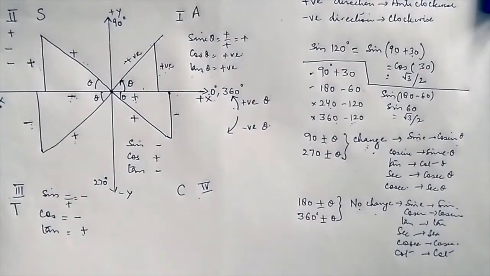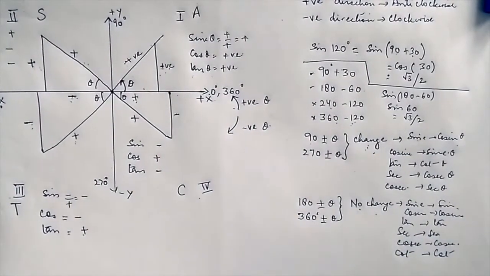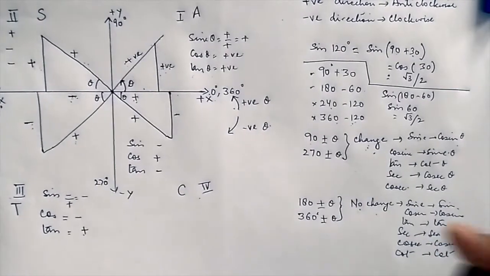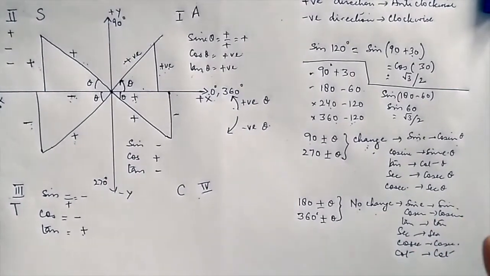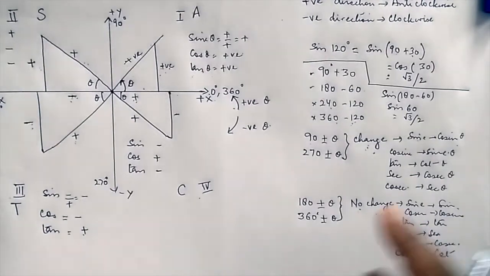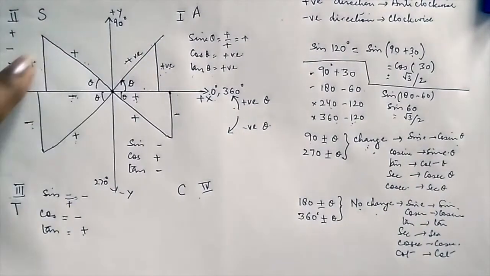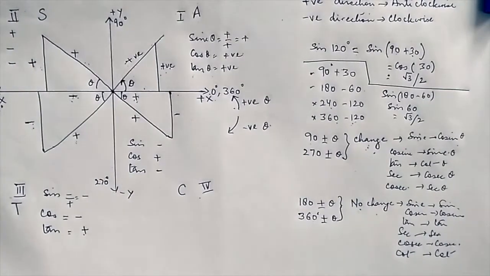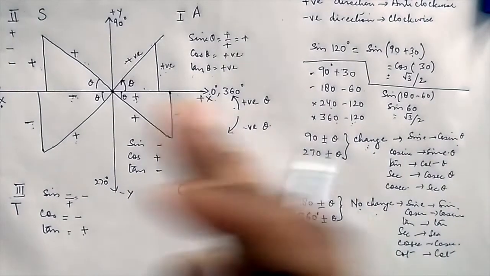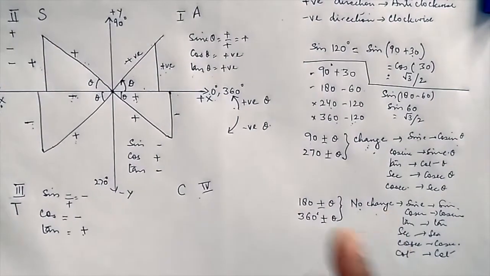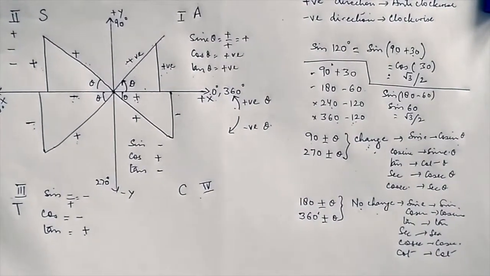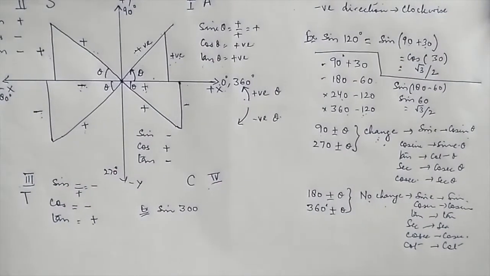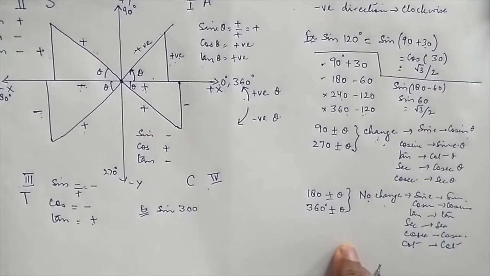Okay. Now this was the case when you were having a value which was less than 180 degrees. There was a slight change that from the first quadrant you shifted to the second quadrant. Now let's see a value where you have to see the quadrant also. Quadrant also plays a very important role. Let's see an example.